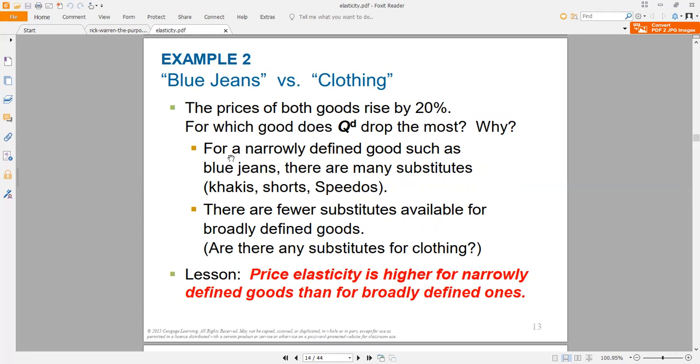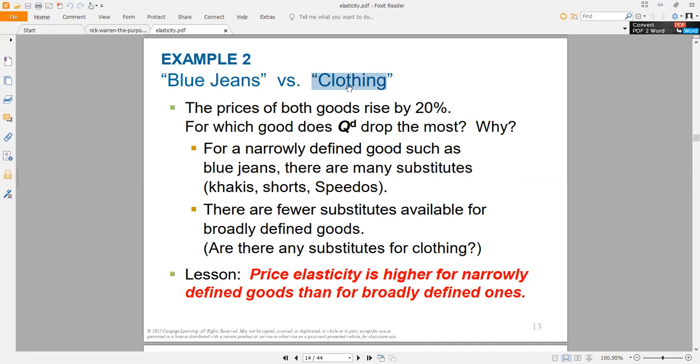If I don't wear jeans, I can wear shorts, I can wear khaki. You see that jeans is narrowly defined. But for this, it is broadly defined. We have a lot of things under this good. The khakis are there, the shorts are there, the speedos are there, jeans, material. All those things are part of this.